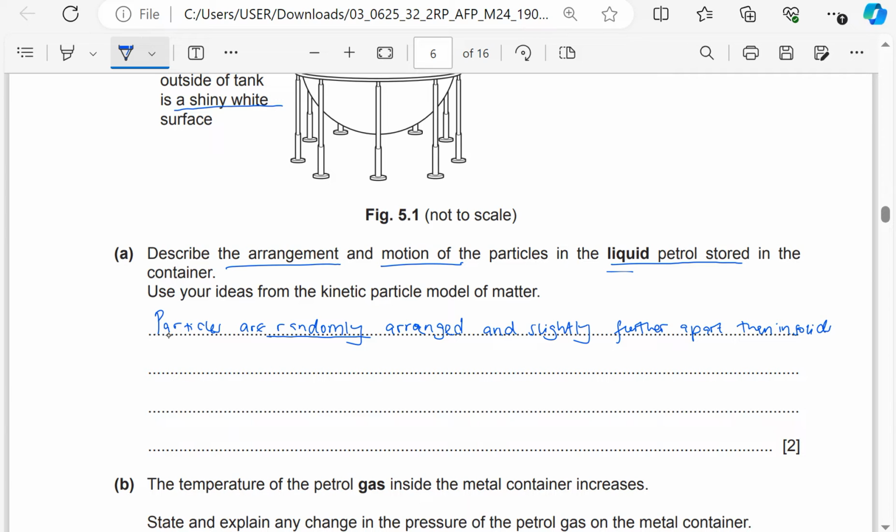Then when we talk about motion, the particles move randomly around, colliding with each other and with the walls of the container.